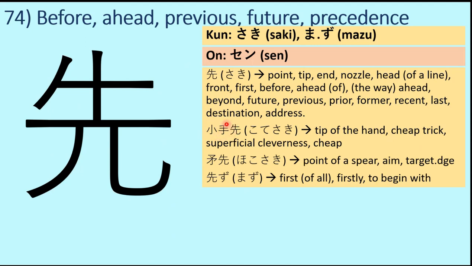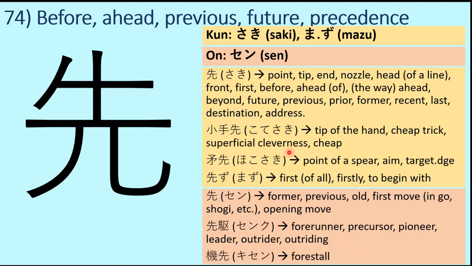And this character is that of hand, which we have also discussed in one of our previous lessons. So this is small, this is hand, and this is today's kanji. Together these three give tip of the hand or cheap trick, superficial cleverness. So you can see how different or unexpected the usage may be.